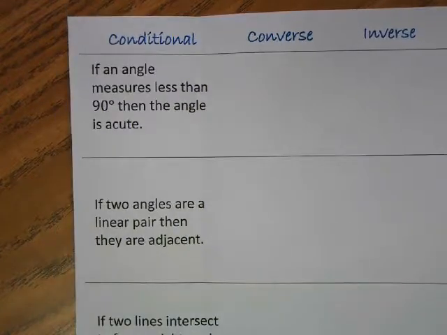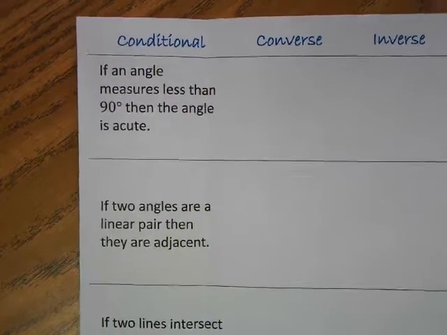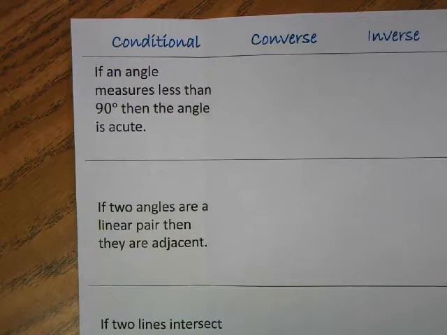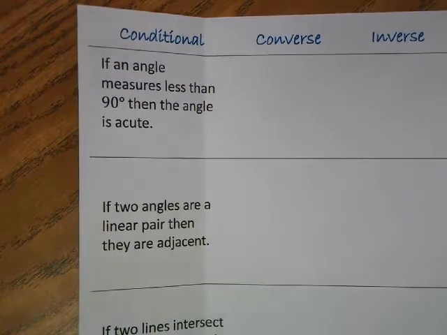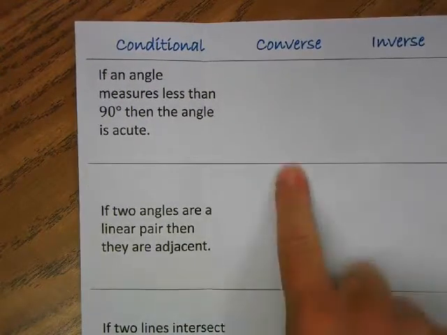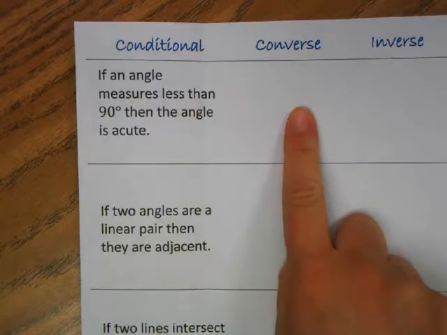So if the conditional statement is if an angle measures less than 90 degrees, then the angle is acute, you are going to start by writing the converse of that statement.